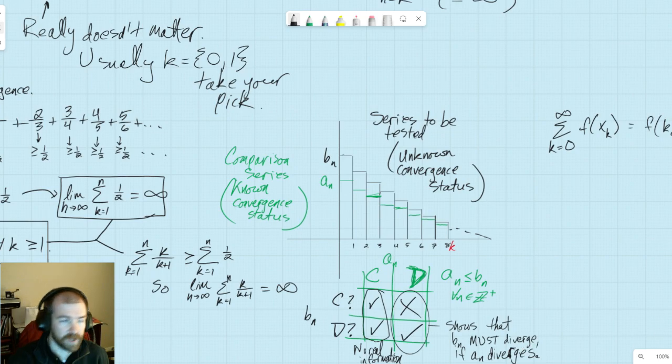Right? If A sub n diverges, then B sub n must diverge. Has to, in this particular arrangement.